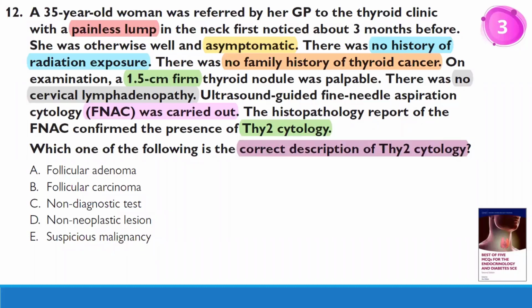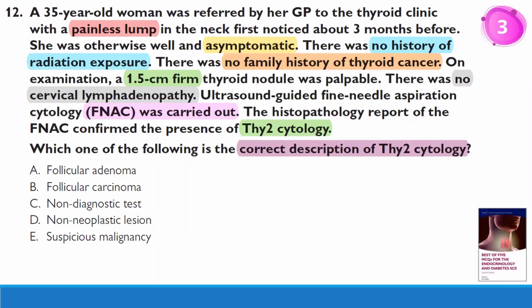Follicular adenoma is a benign condition. Follicular carcinoma is a malignant condition. So there is no Cy for follicular adenoma or carcinoma. There is Cy3F for follicular neoplasia, which may be adenoma or carcinoma. So we should go to hemithyroidectomy to define whether it is adenoma or carcinoma.